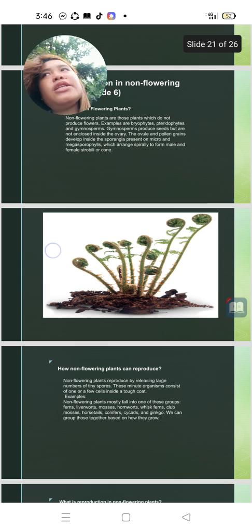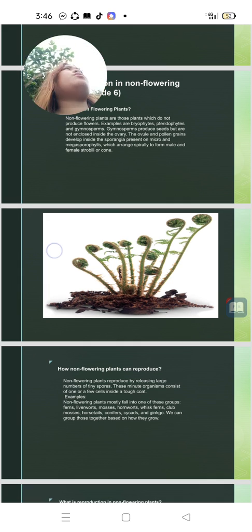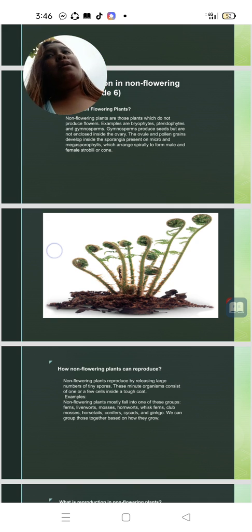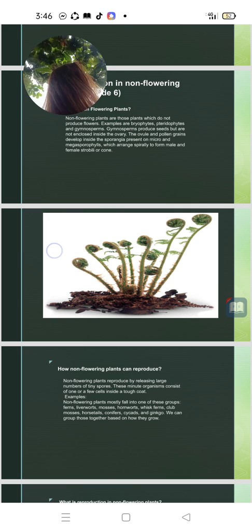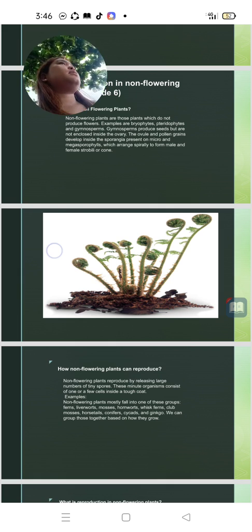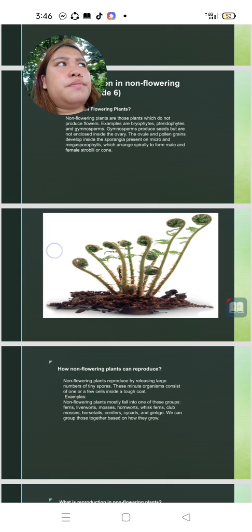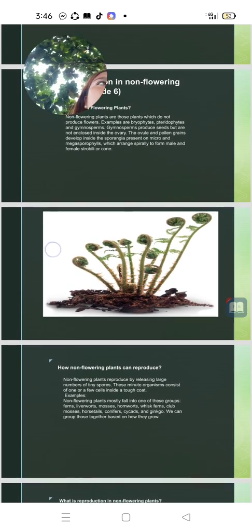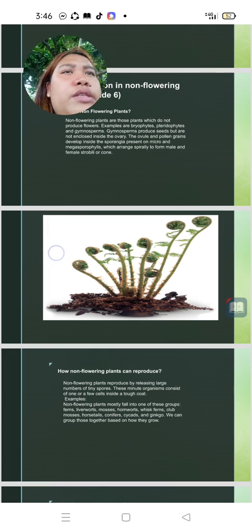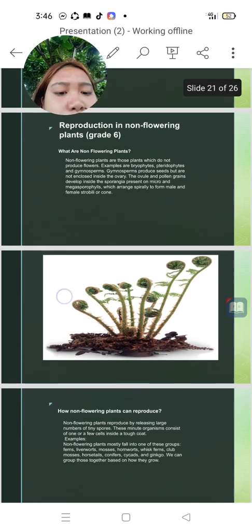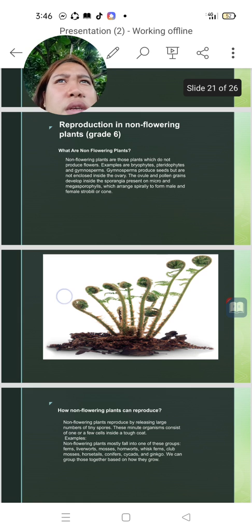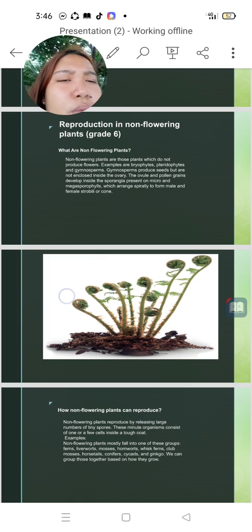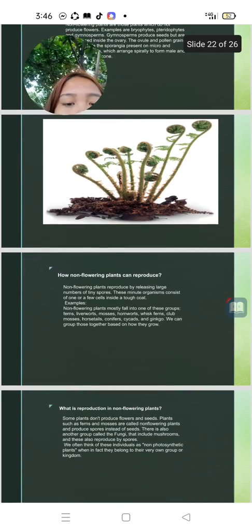So those that do not produce flowers. An example of this is mosses, which do not produce flowers. Another example of plants that do not produce flowers is, yes, aloe vera. I think aloe vera does not produce flowers.